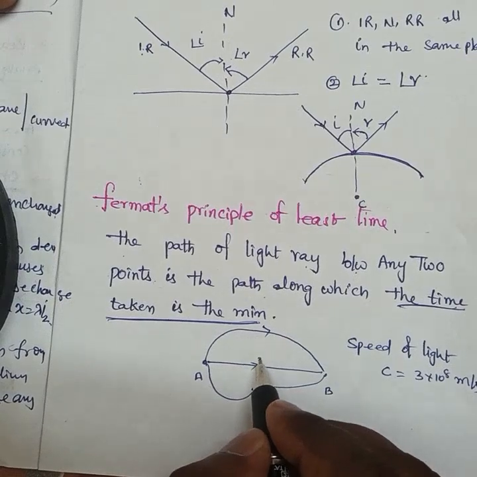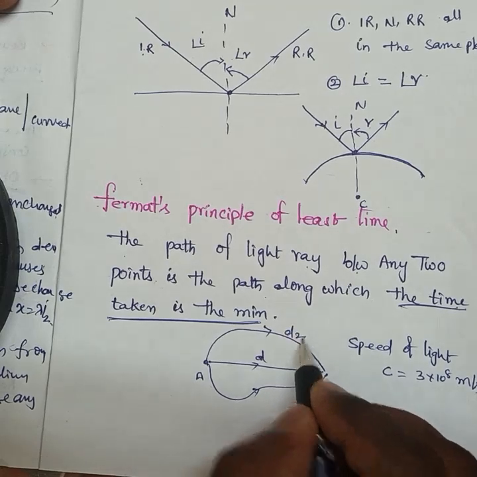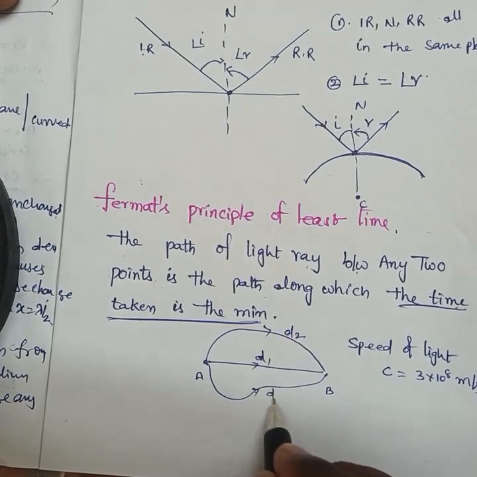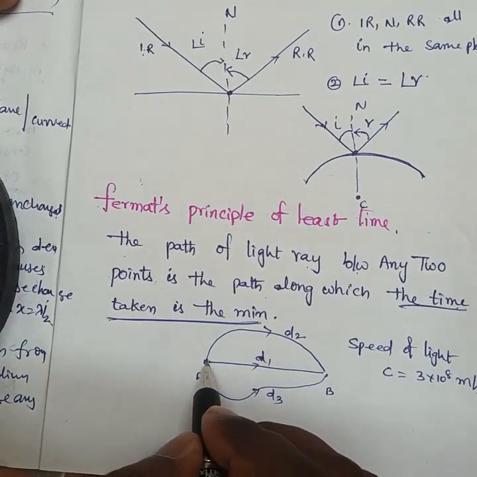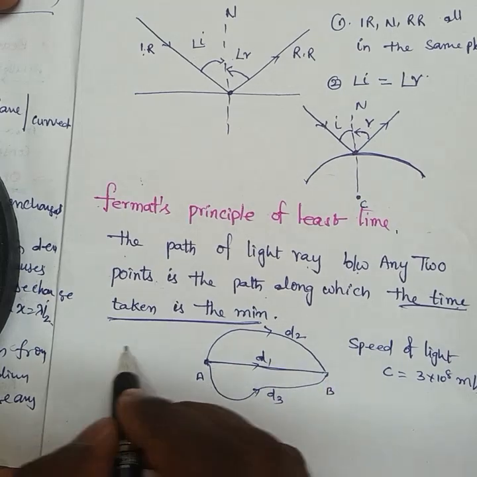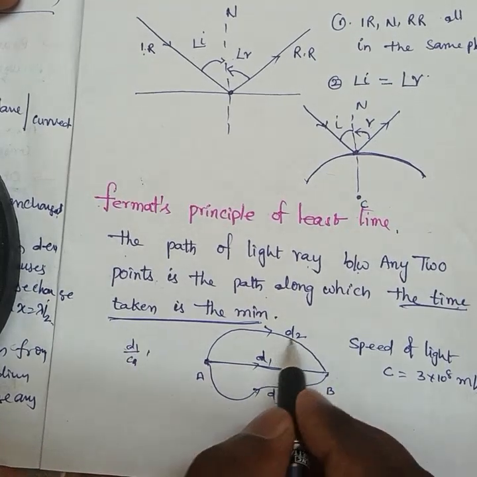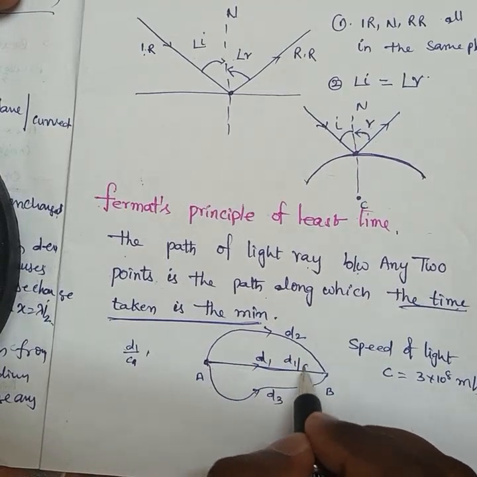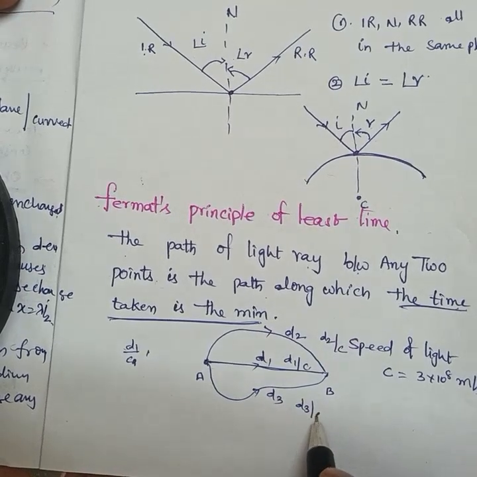Here the distance is d1, here d2, and here d3. The time taken for light to go from A to B along the first path is d1 divided by c, along the second d2 divided by c, and along the third d3 divided by c.